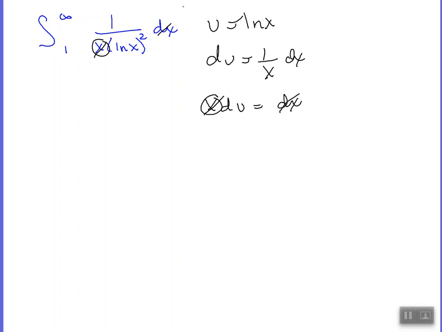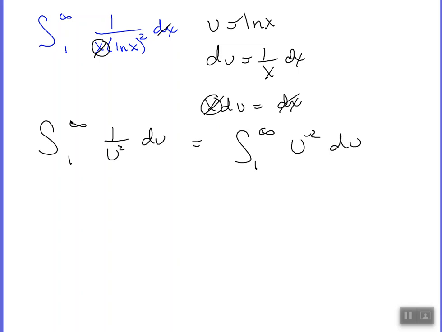And I can replace that dx with a du. So I'm really just integrating 1 over u squared du. I'm going to bump that to the numerator and make it negative. A little bit of basic integration. Just add 1 and divide.